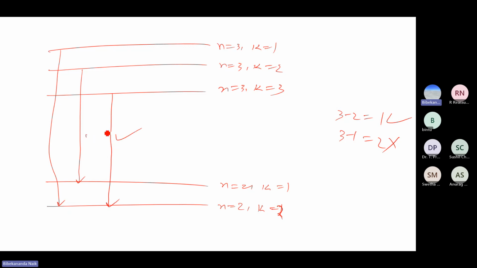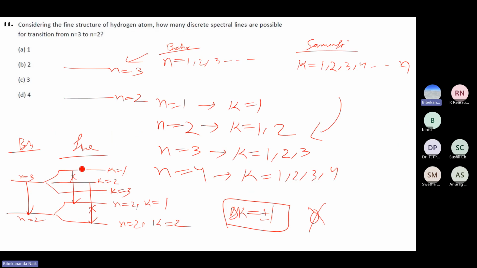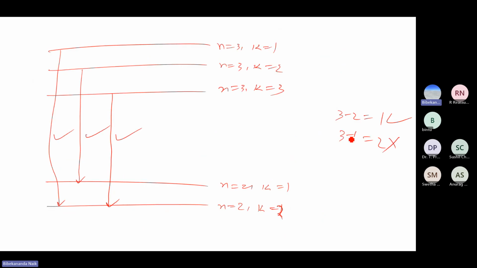So these are the three transitions that are allowed, and these are the transitions that are not allowed. From k equal to 3 to k equal to 1 is again not allowed, because the change in k, delta k, is 3 minus 1 equals 2. So only three transitions are allowed.